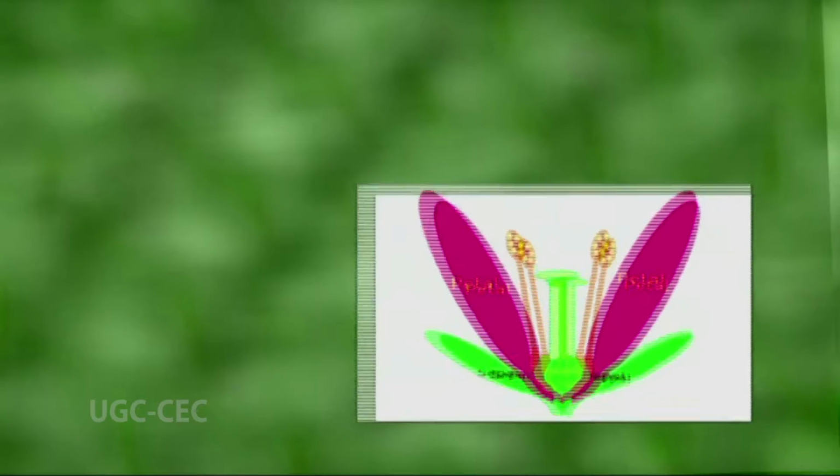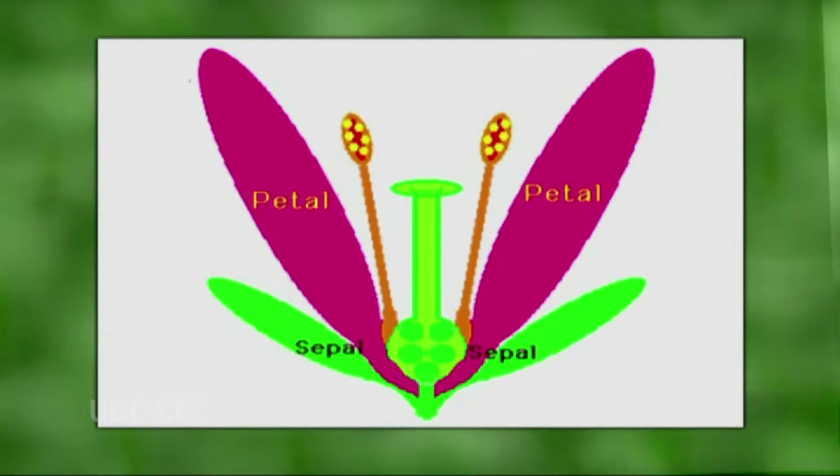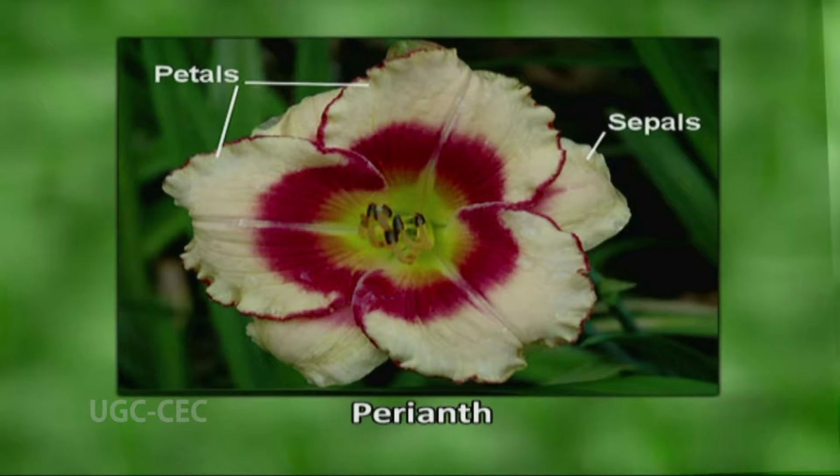Number 6. The parts of the flower and the number of sepals and petals, whether separate or fused, and also their arrangement, that is aestivation. Number 7. Whether perianth is present in one or more series or absent. Number 8.